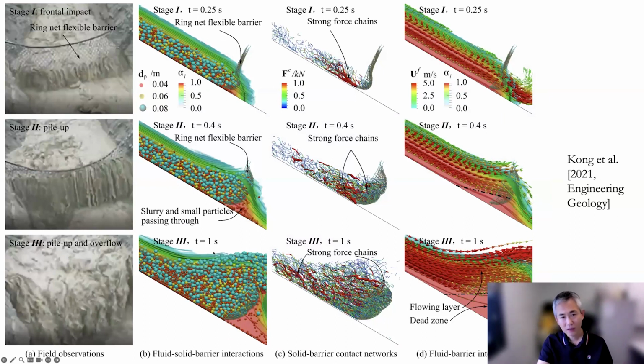One thing you can tell from the lab experiments, and on the right the simulation, is this is a typical so-called pile-up mechanism. Pile-up means that the flexible barrier will retain part of the debris particles, hold and accumulate them, and build up in front of the barrier layer by layer until it is full. Then the further incoming debris flow will overspill over the top.